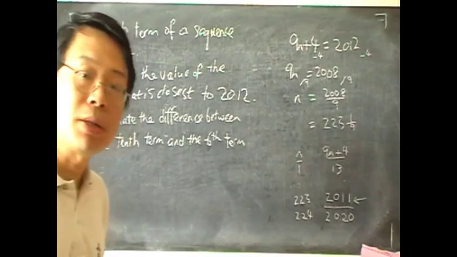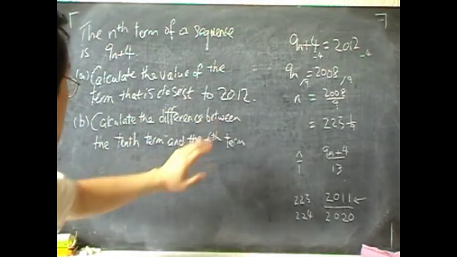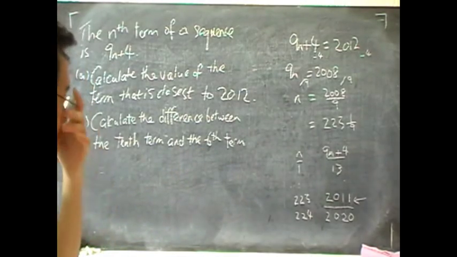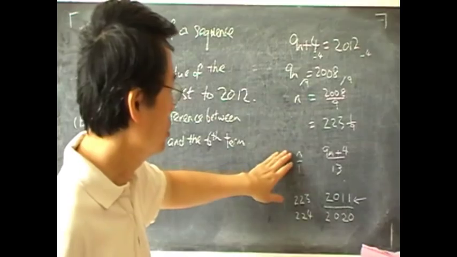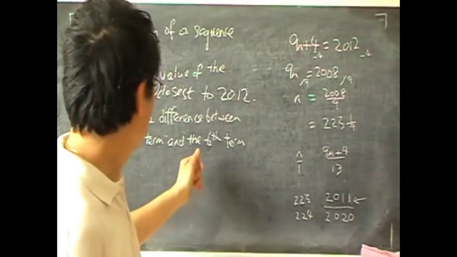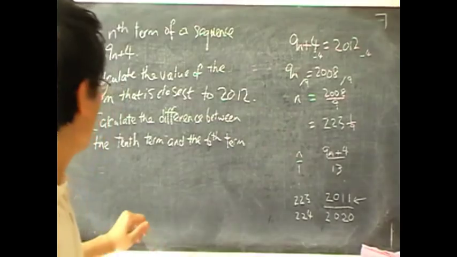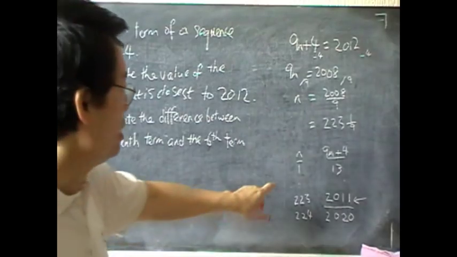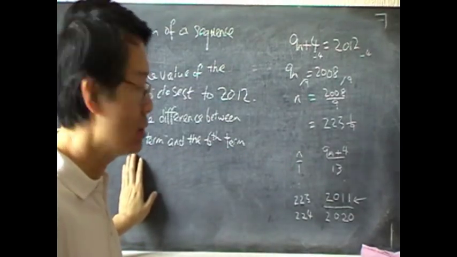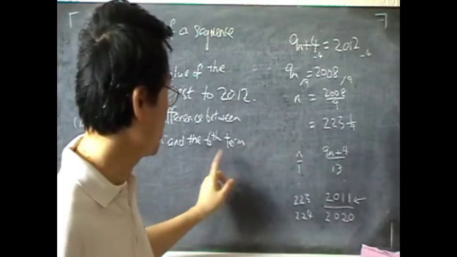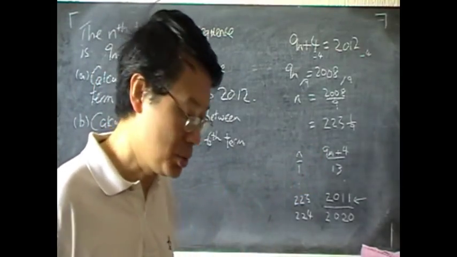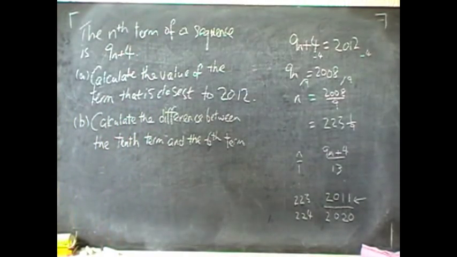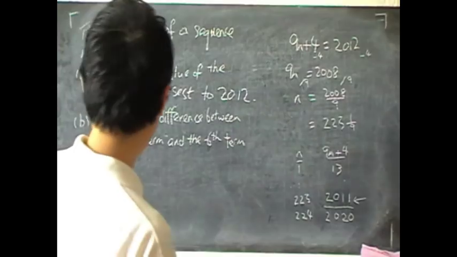Next, part B. Calculate the difference between the 10th term and the 6th term. So now that we have a good idea what this sequence is about, we can do this. We can, for example, put in n equals 10 into this formula and n equals 6 into the formula, find the two values and then subtract them. So that's one way to do it.